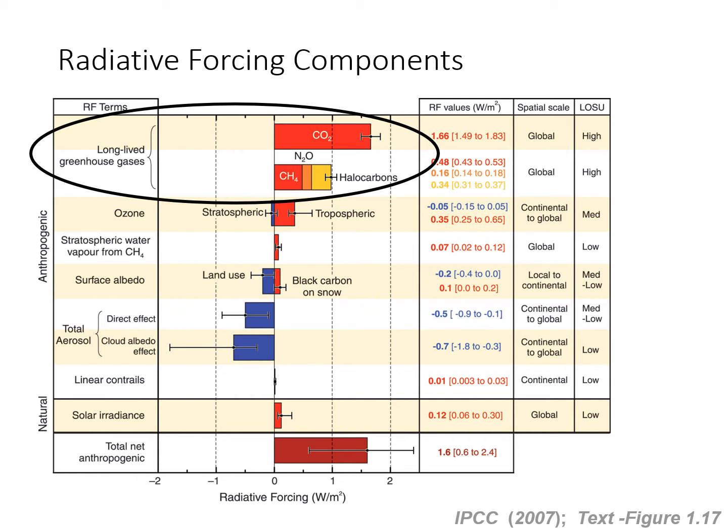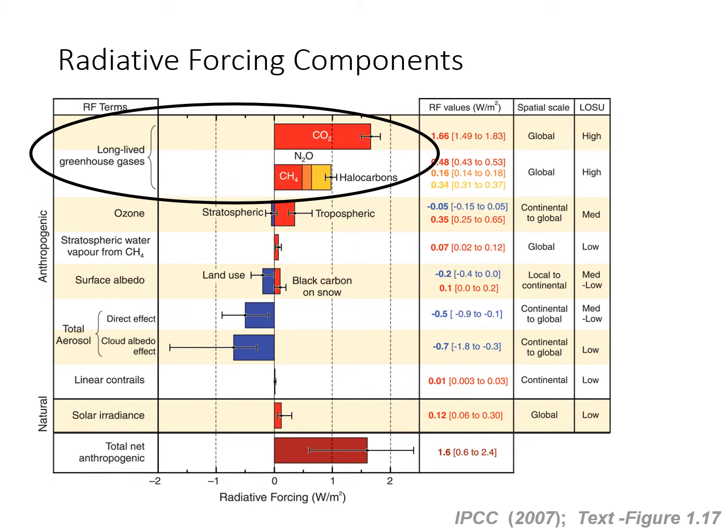Red bars are positive radiative forcings, that is, that the Earth receives more energy due to that particular forcing, whereas the blue bars indicate negative radiative forcing, that is, that the Earth is receiving less energy as a result of that particular forcing. Moving right, the next column shows an actual value for each forcing.